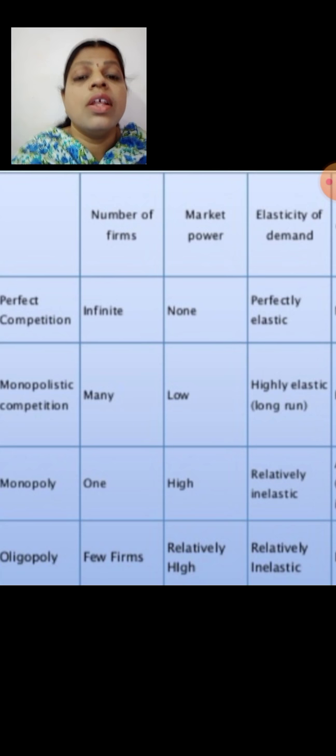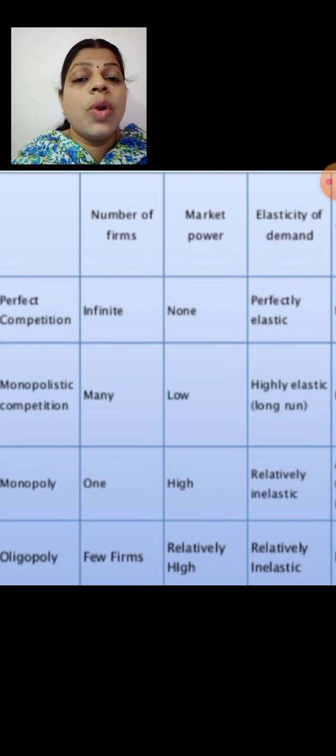So that's why the market power does not rest with any of the buyers or sellers. Then in the monopolistic competition, it's low. That means the firms can influence the price in a small manner. Less influence can be made by the firms in the monopolistic competition.